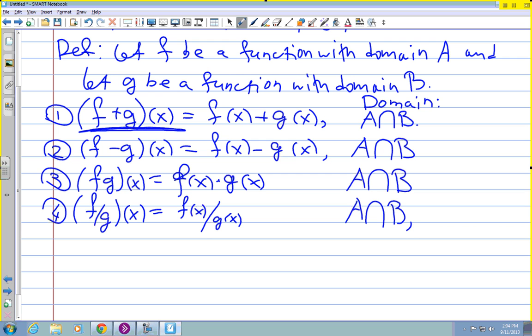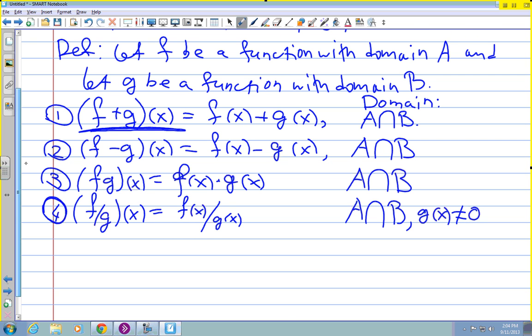So everything that's in the intersection, and also make sure that g of x is not 0, because we cannot divide by 0. And if the numerator is 0, the answer is just 0, which is a real number, and that's all good and dandy. Okay? Is that all right?